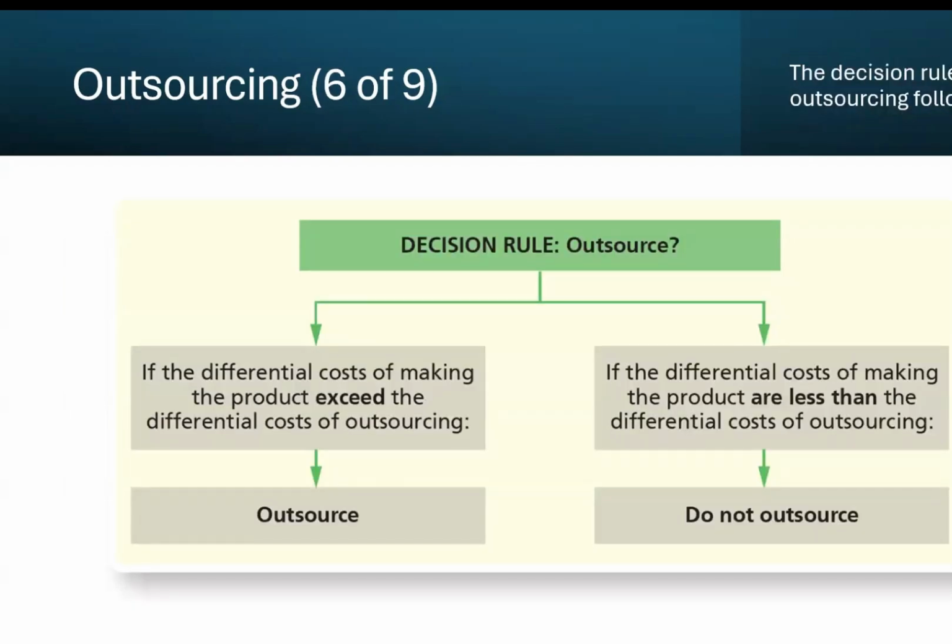Our decision rule for outsourcing is what you see here. If the differential costs of making the product exceed the differential cost of outsourcing, then the company should outsource. On the other hand, if the differential costs of making the product are less than the differential cost of outsourcing, then the company should not outsource.